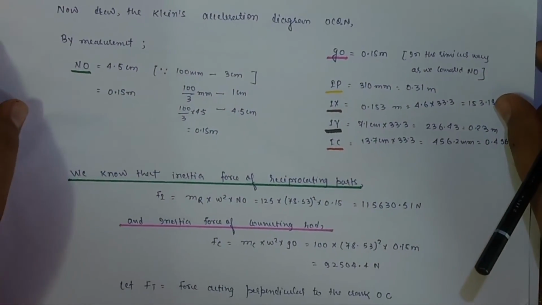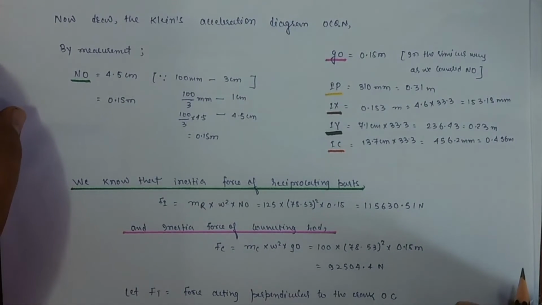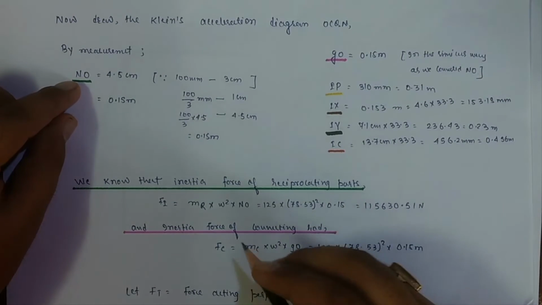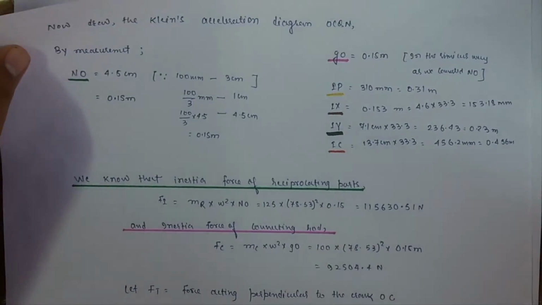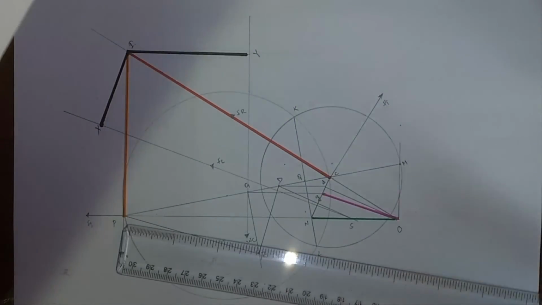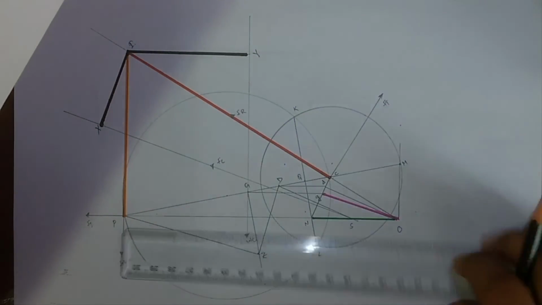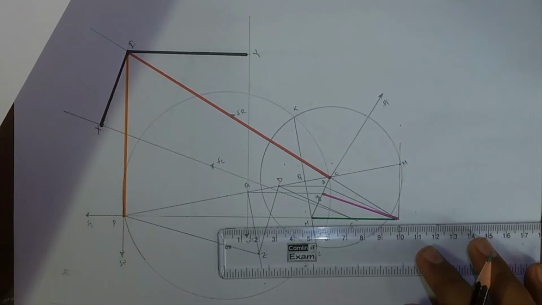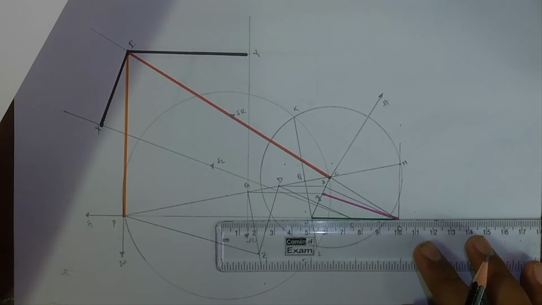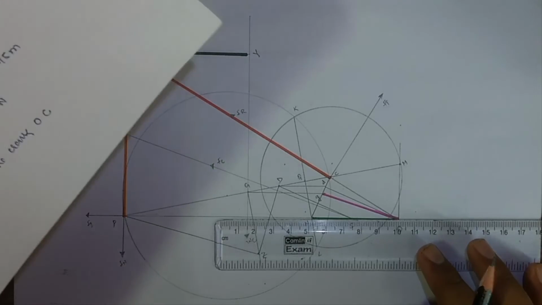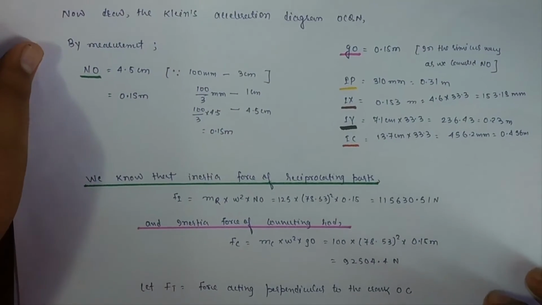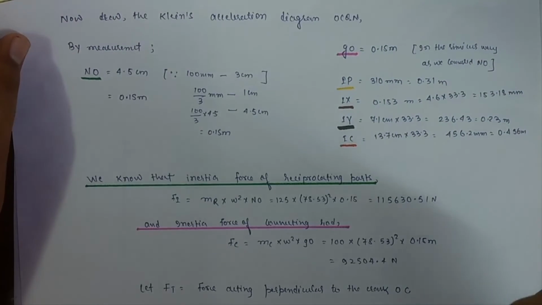Now by measurement, our length NO. From figure we will see this is our ON length. So by measurement it comes out to be 4.5 centimeter. But initially we have taken some suitable scale.